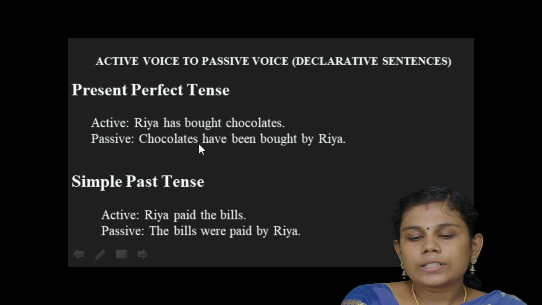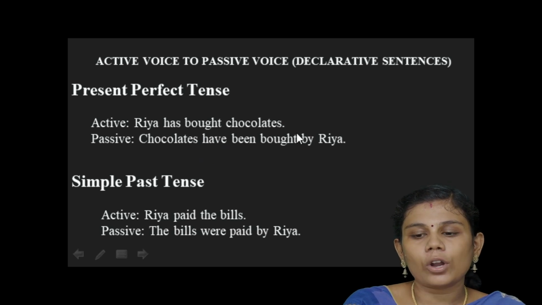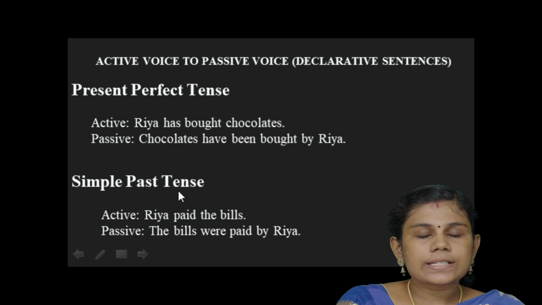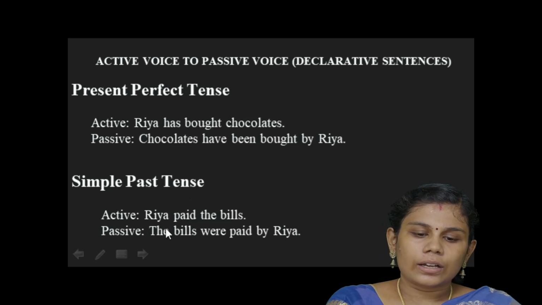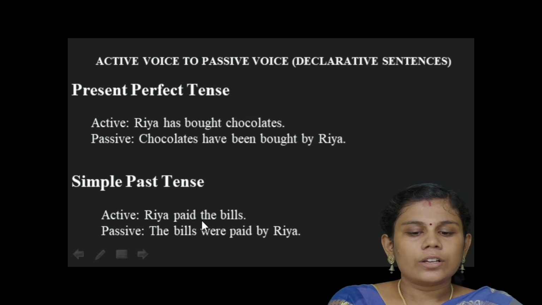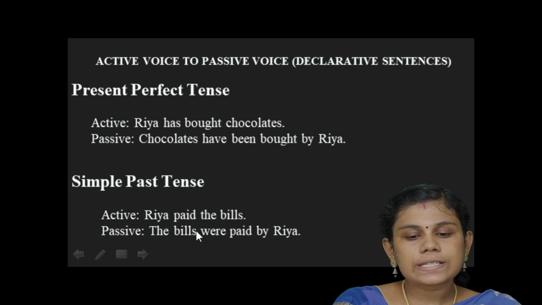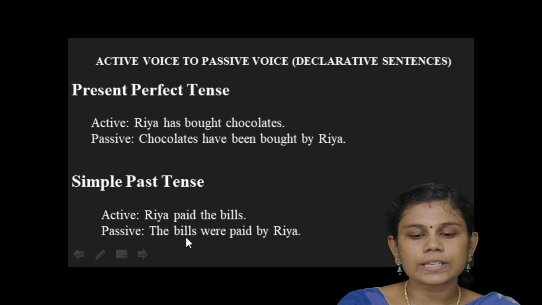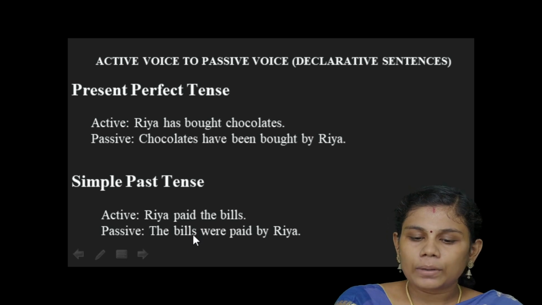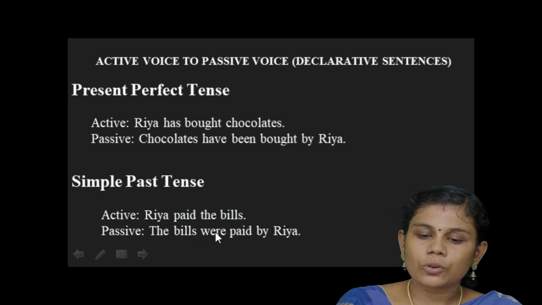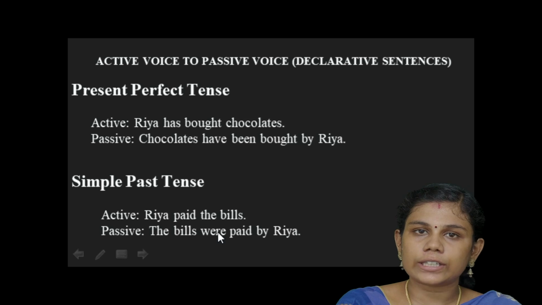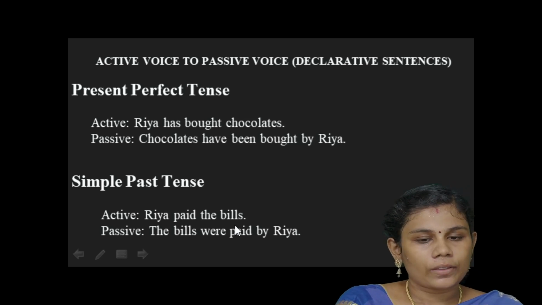So this should take the verb have been bought by Ria. Next, simple past tense: Ria paid the bills. Here paid refers to the simple past tense. So the bills should come first, and since it is in plural form, it takes the auxiliary verb were, were paid by Ria.